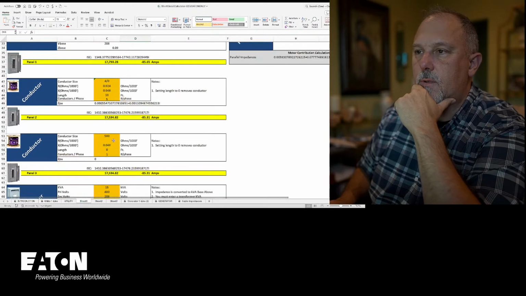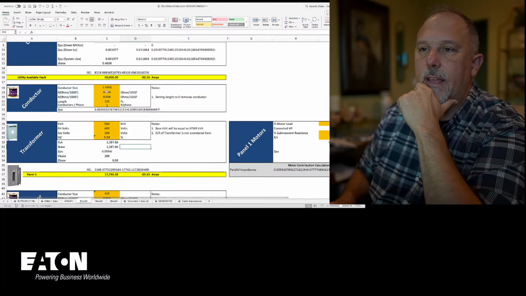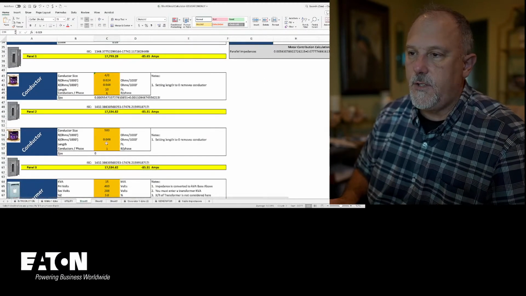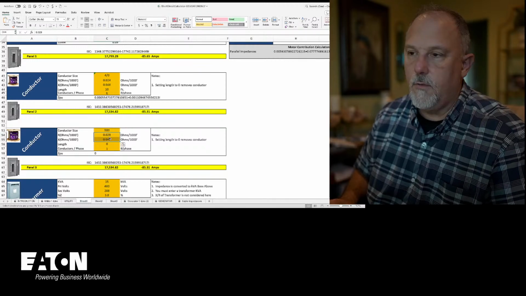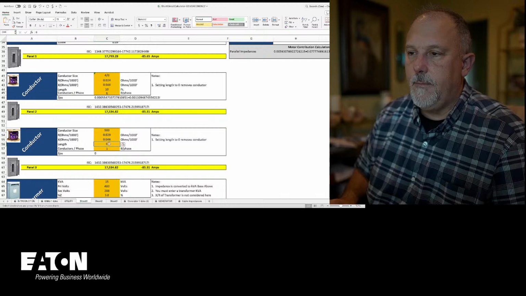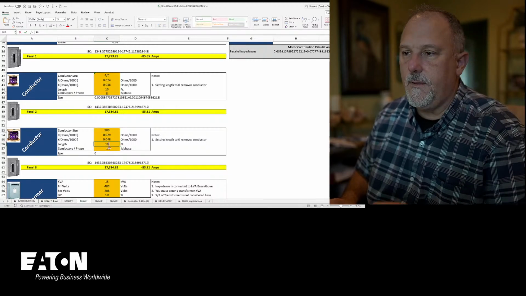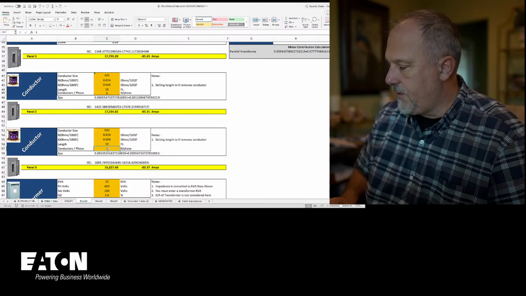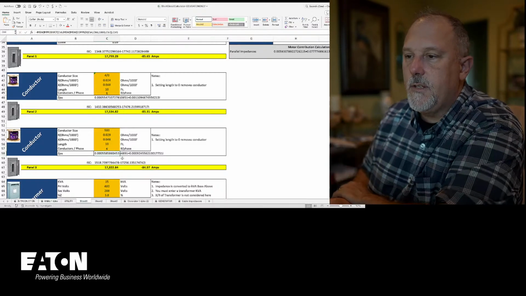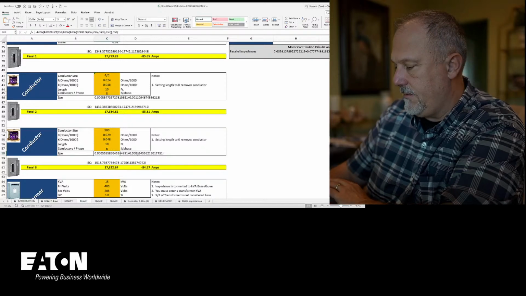My C2, let's do C2. I have the same information for C2 as conductor 1. Control V. 500. My length was 10 foot. My conductors per phase were 6. 0.000558.